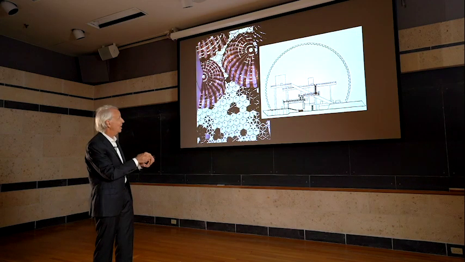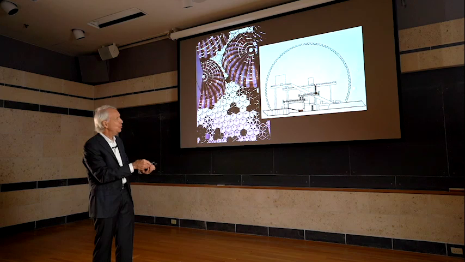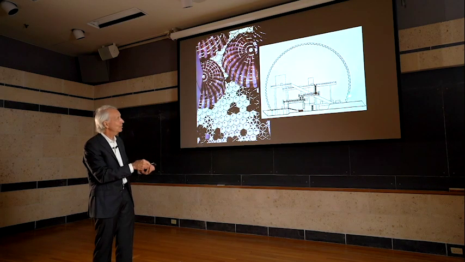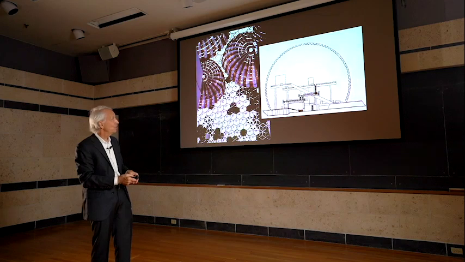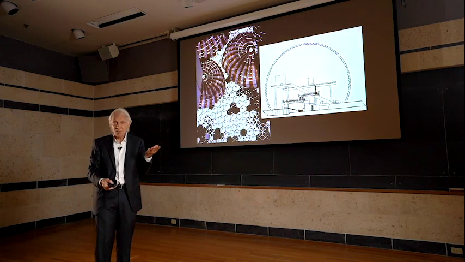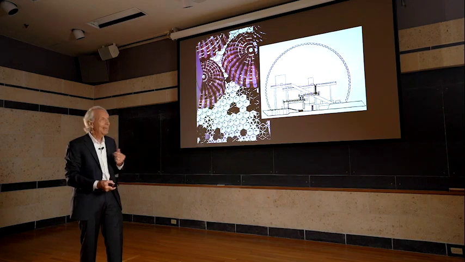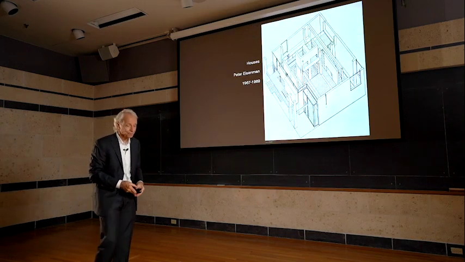So that made a huge span across there with just this tiny amount of material in that tetrahedral geometry. So sometimes we use geometric forms just because they make technical sense in the building.